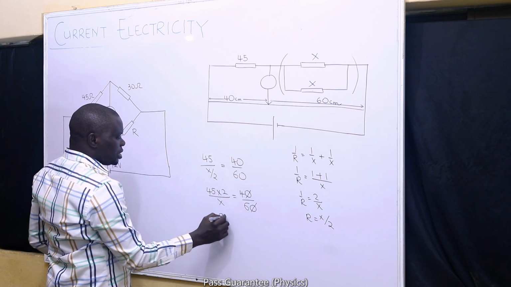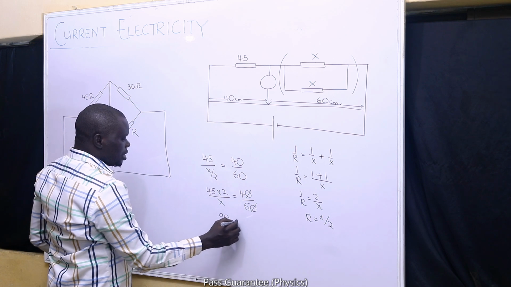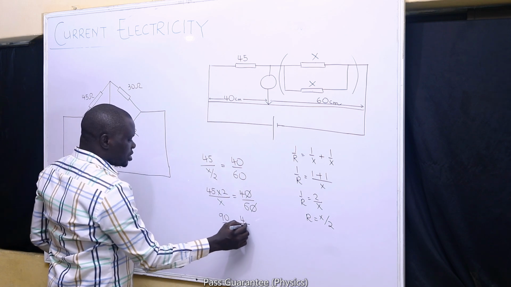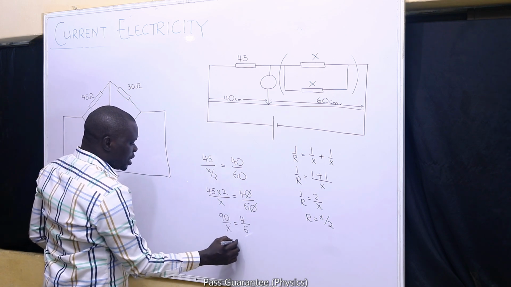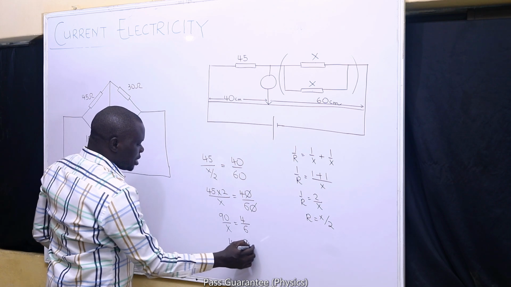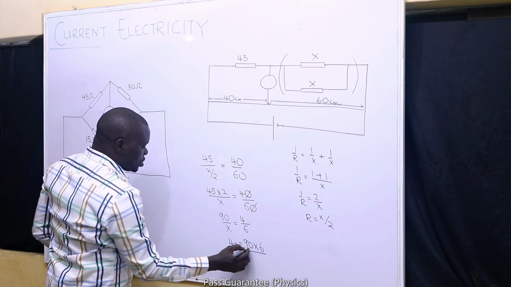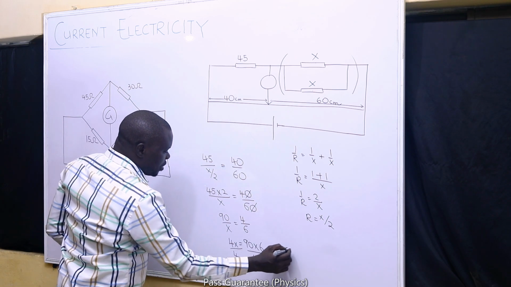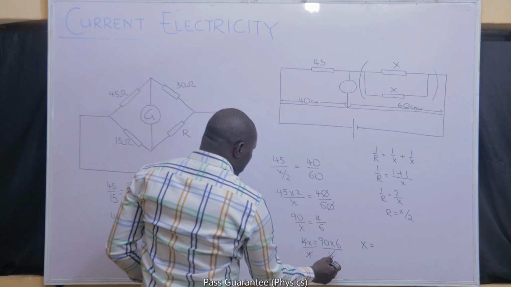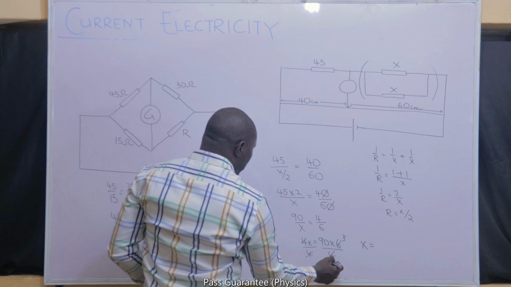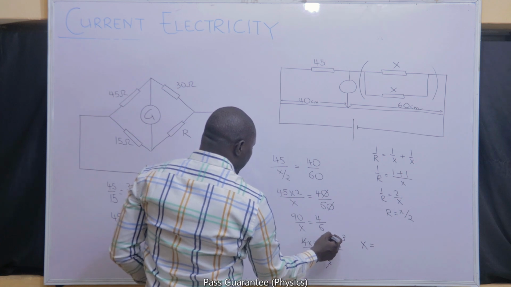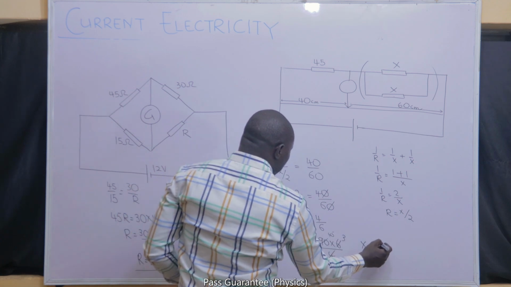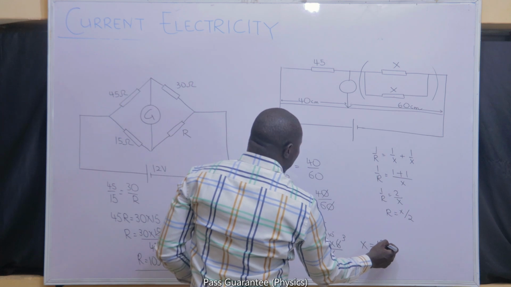We have 90 all over X is equal to 4 all over 6. If we cross multiply, 4X is equal to 90 times 6. We divide both sides by 4. X is therefore going to be equal to 2 here 2, 2 here 3, 2 here 1, 2 here 45. 45 times 3 is 135 ohms.